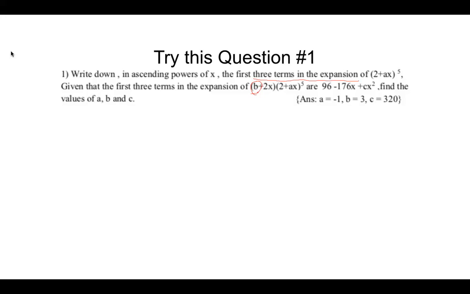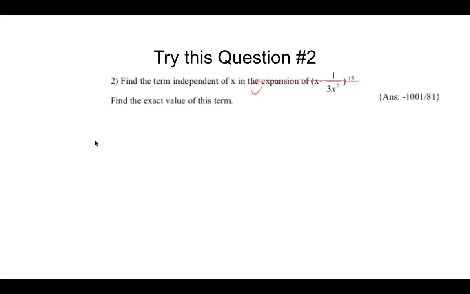Another question that you can handle is the next one here. There's another term called independent of x. What do we mean by term independent of x? Term independent of x refers to a situation where the power of x goes to 0. We've seen earlier how we can match the powers of the a and the b, combine that, and get a result of 0.